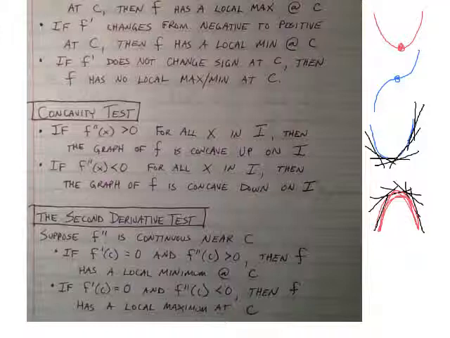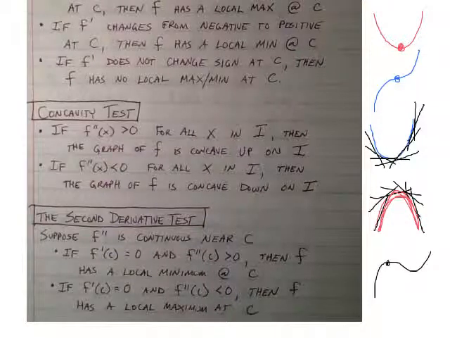The second derivative test actually combines a little bit about the first derivative and the concavity test. And we're going to suppose that f double prime is continuous near c. So if f prime of c equals 0, so if we have some curve and at c our f prime is 0, we have a horizontal line, and f double prime is greater than 0, then we have a minimum.